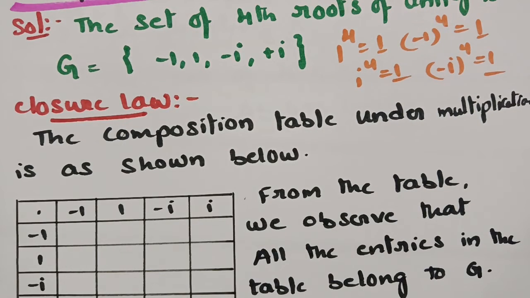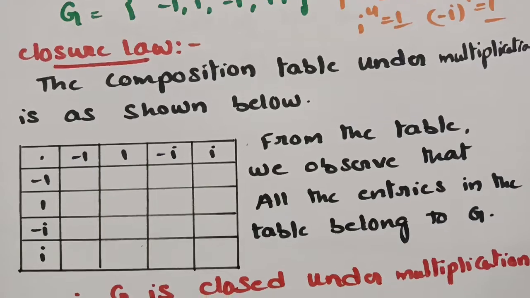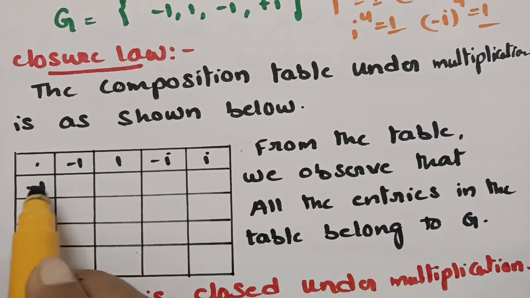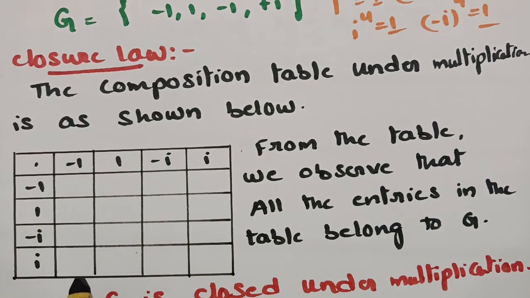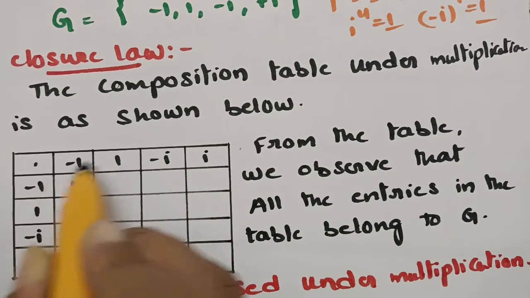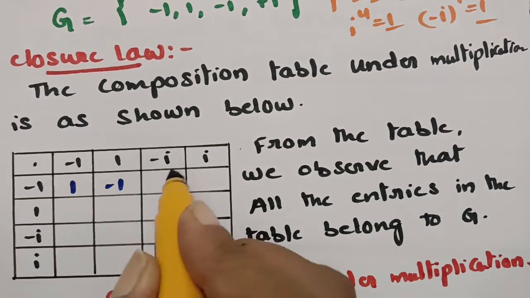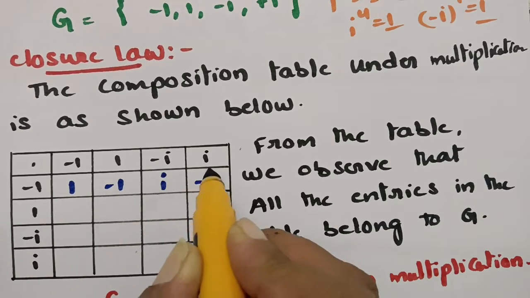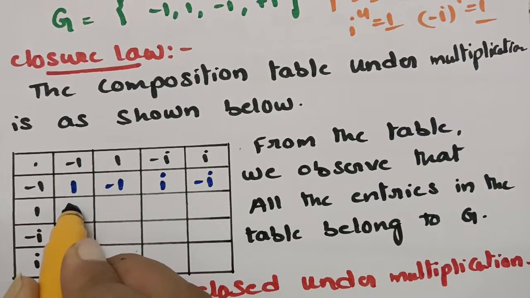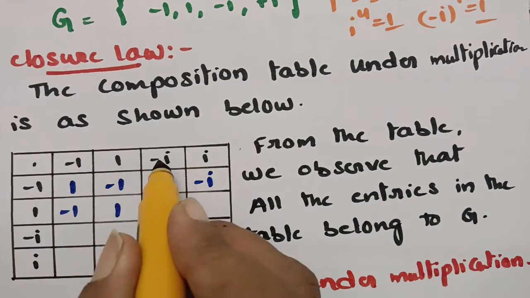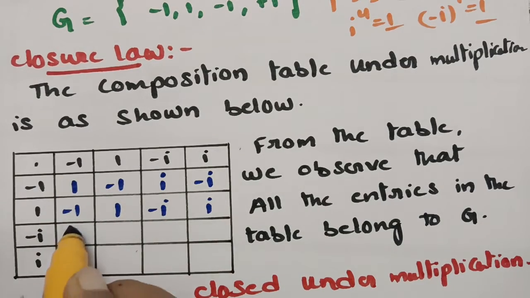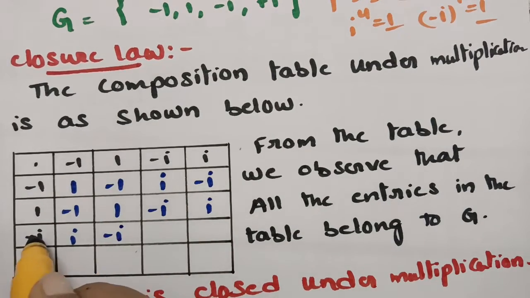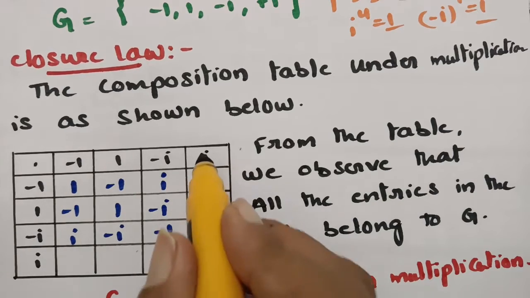So for the closure property, the composition table under multiplication is shown below. See here, minus 1, plus 1, minus I, plus I. Here also minus 1, plus 1, minus I, plus I. Multiplication is the binary operator. 1 into 1 is 1. 1 into minus I is minus I, and 1 into plus I is I. I into I is I square, which is minus 1.